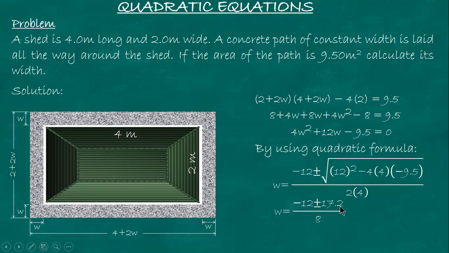Negative 12 minus won't work, because W would be negative. So you only have one value of W, and that is negative 12 plus 17.2 over 8. Simplify, and W is 0.65 meters. That is the width of the concrete path.